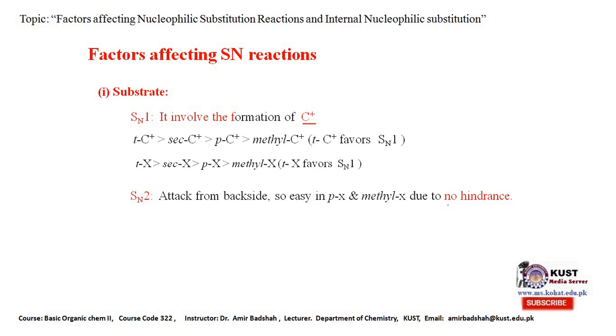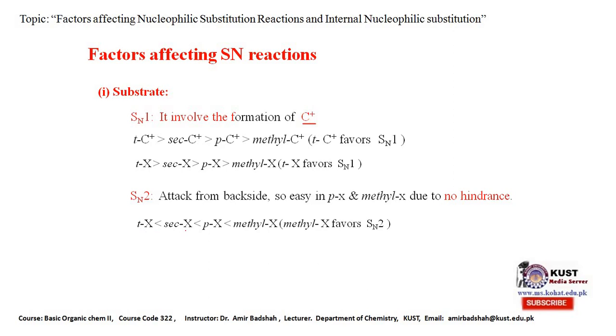If the backside is covered by various substituents, then it will not be easy for a nucleophile to attack. So in the case of primary halide and methyl halide, a nucleophile can easily reach the backside. In that case, the SN2 reaction will be favored. For example, in the case of tertiary halide, the backside is blocked, so it will not favor the SN2 reaction.